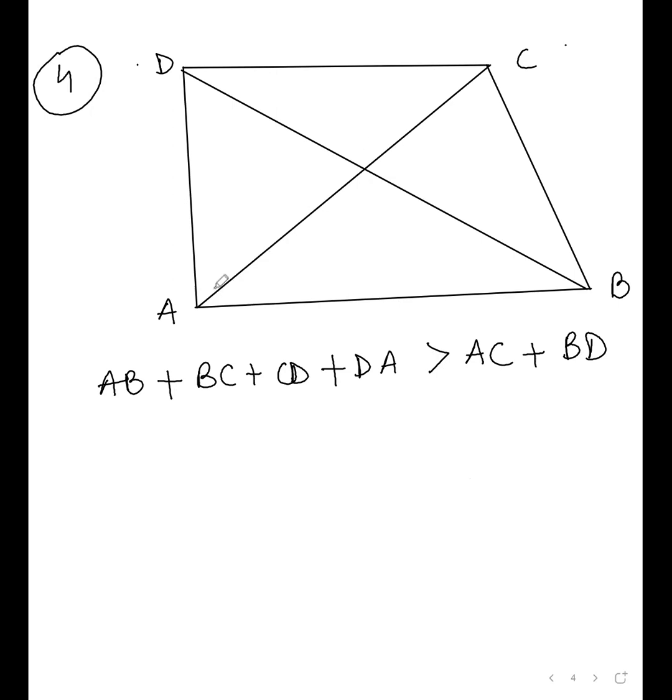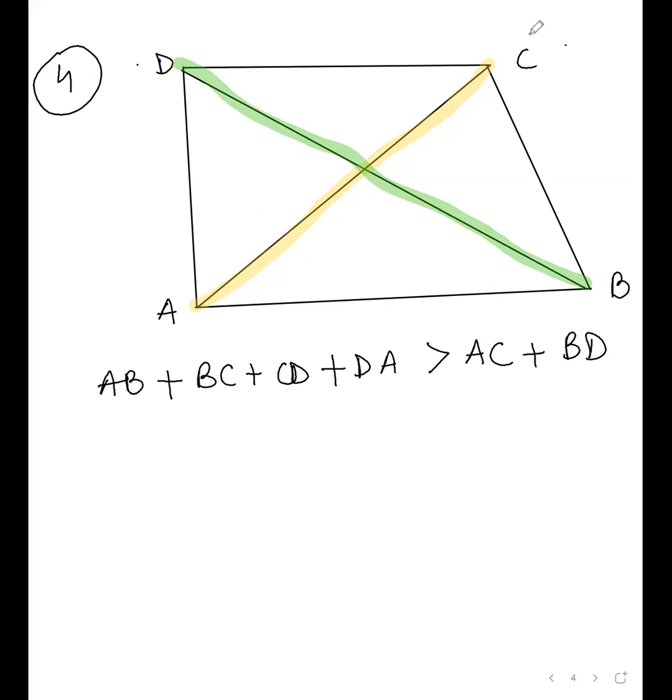AC and BD. AC and BD are not triangles, bacha. AC is one side of a particular triangle, and BD is one side of a different triangle. So now just imagine them being sides of two triangles.